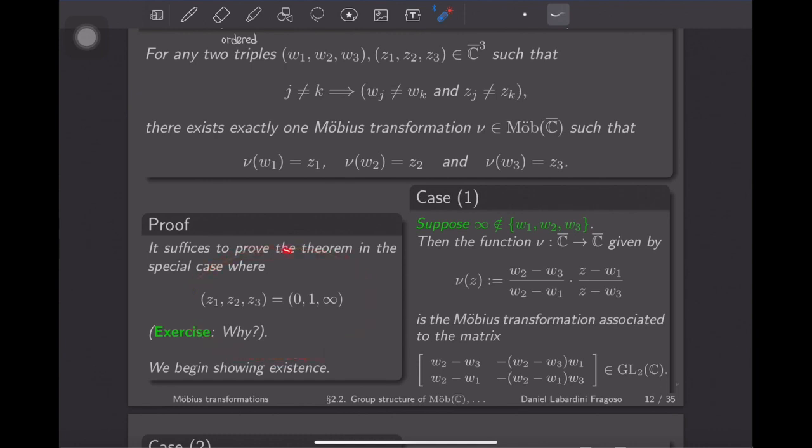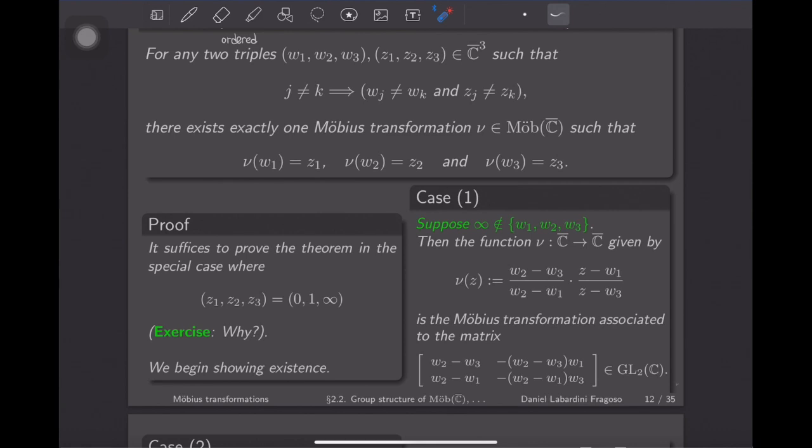Because once the theorem is proved in this case, for any other triple W1, W2, W3, I can plug it into 0, 1, infinity, and then I can go from one to the other.